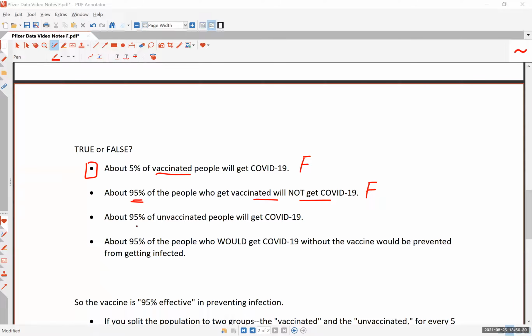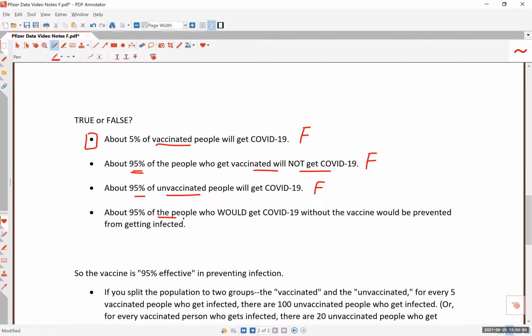All right, number 3. About 95% of all unvaccinated people will get COVID-19. Okay, this is also ridiculous, right? This is way too high, right? About 95% of the people who would get COVID-19 without the vaccine would be prevented from getting infected. This is exactly what that efficacy rate shows you, all right? So this is the correct and the true statement, okay?